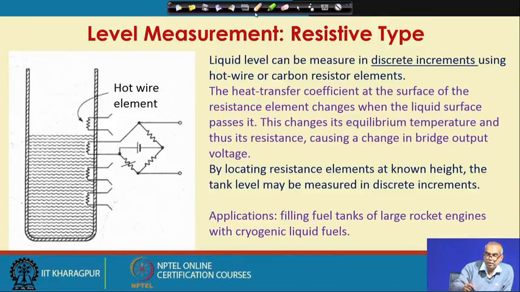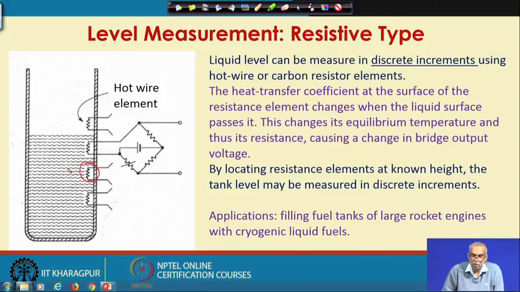So, if you talk about any particular hot wire element, when the liquid surface passes this hot wire element, the heat transfer coefficient at the surface of the resistance element changes. So, this will change its equilibrium temperature, and if its equilibrium temperature changes, its resistance will change. So, thus a change in the bridge output voltage will be there.